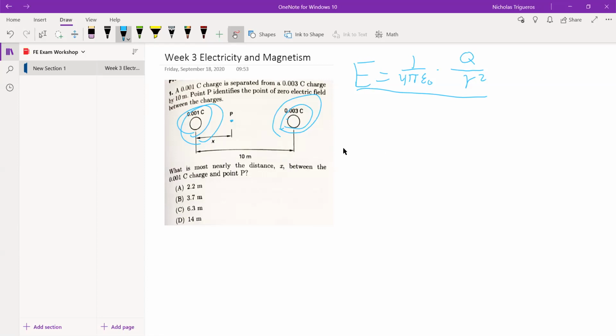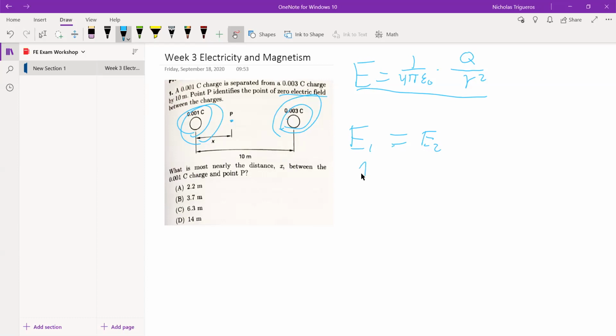It's stated in the problem that there's zero electric field at that point. So we can have E1, the left charge, equal to E2, or maybe negative E2, but I don't think the sign matters in this case.